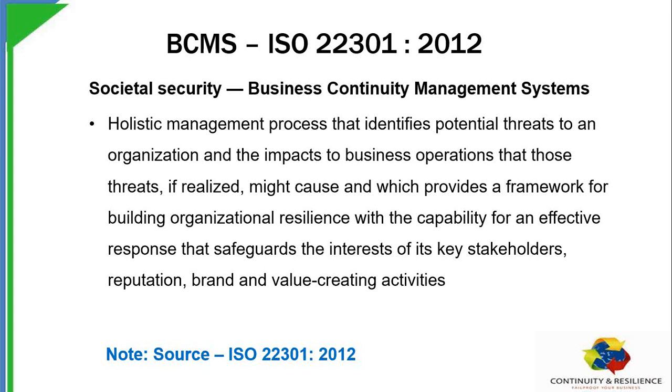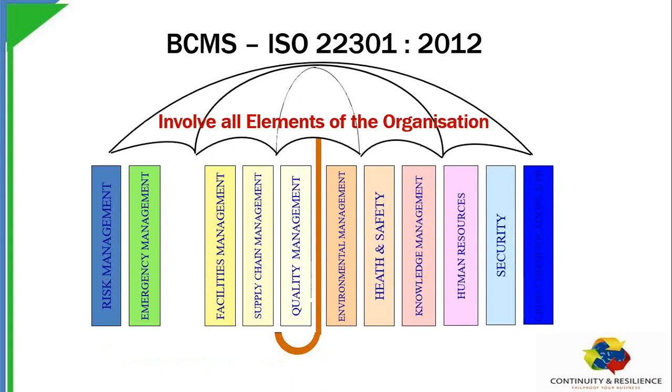Other than business continuity, we're also going to look at information technology and ensure that IT resilience is achieved. This is your ITDR. So there is a clear overlap of business continuity and ITDR here, just by looking at the definition. So this is what BCM is all about. It involves all elements of the organization, which is your risk management, emergency management, facility, etc. And you also have your ITDR, which is a part of it.